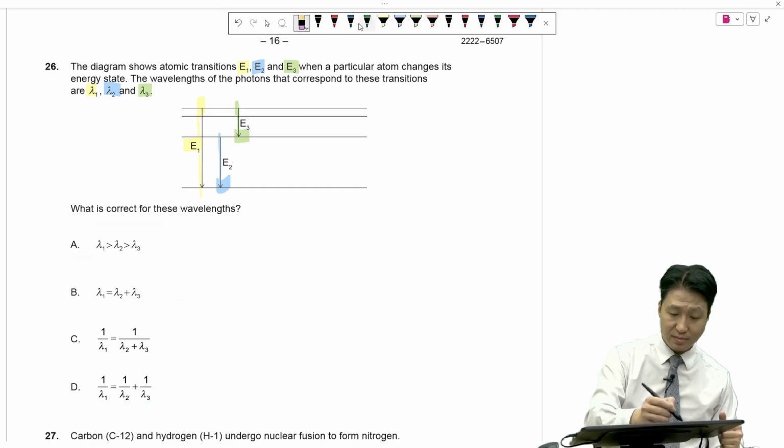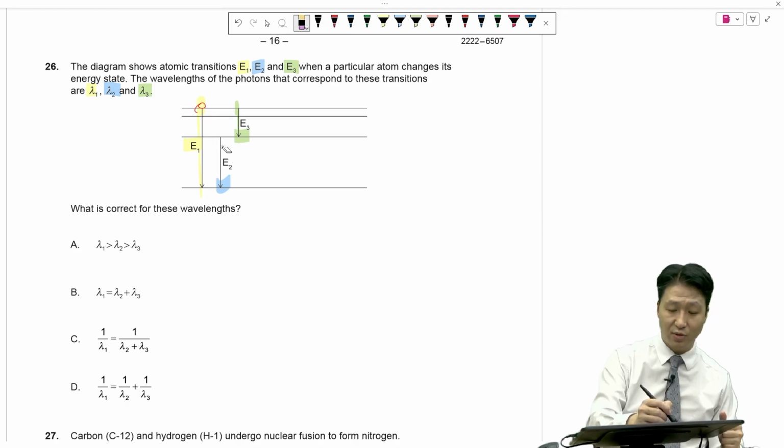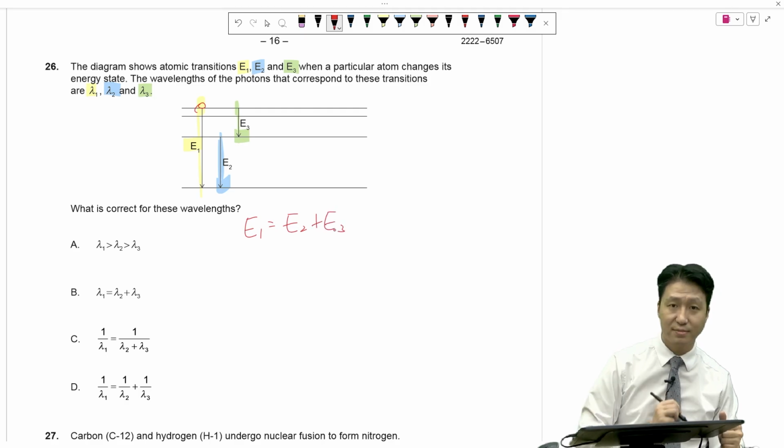So first of all, since these are energy levels, the energy of E1 is going to equal E2 plus E3. So let's write that down. E1 is equal to the energy E2 plus the energy E3.